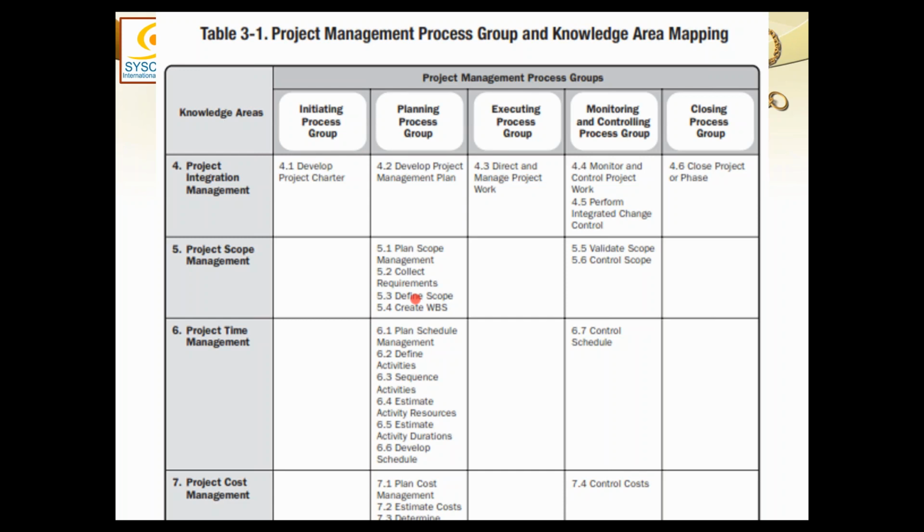But before baselining any of these three things, I have to be very careful to see that all the impacts from other knowledge areas have been considered. Only then I will take this final plan in front of the boss for baselining. Okay, fine.